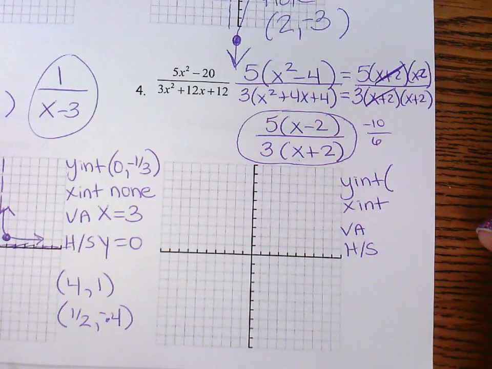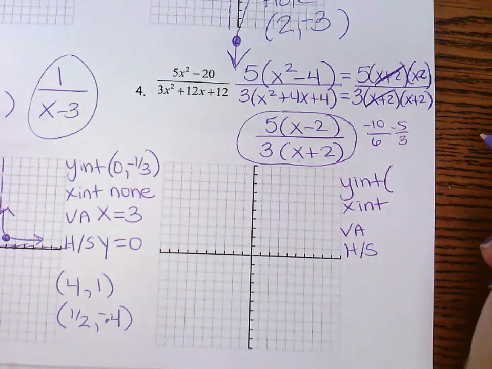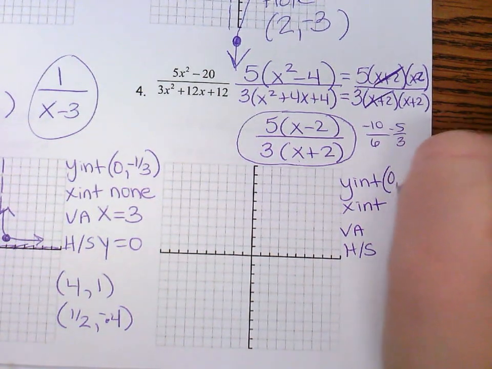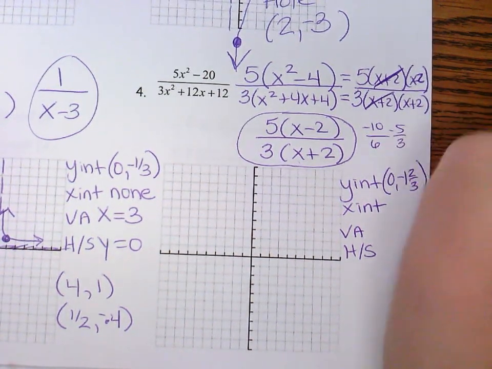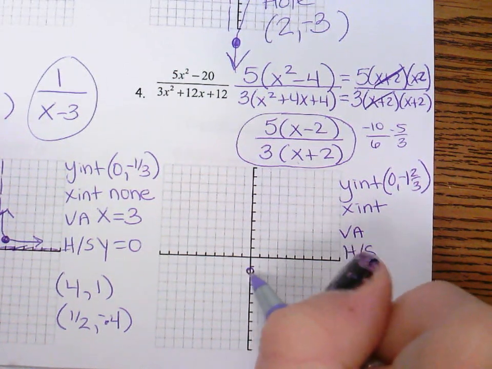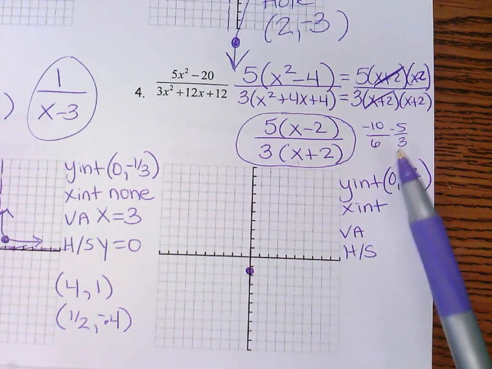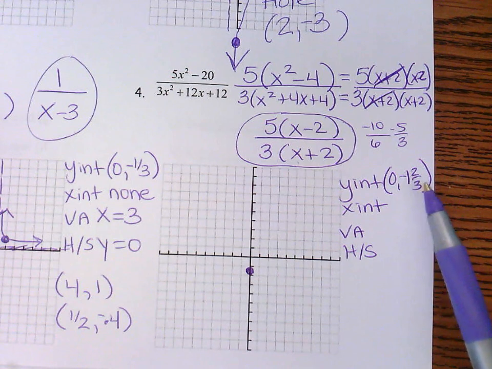Negative 5/3. And what's negative 5/3? Negative 1 2/3. 0, comma, negative 1 2/3. Just so I know where to put it on the axis. It'd be like here, right? Negative 5/3. That's right, right? Negative 1 2/3. Okay.